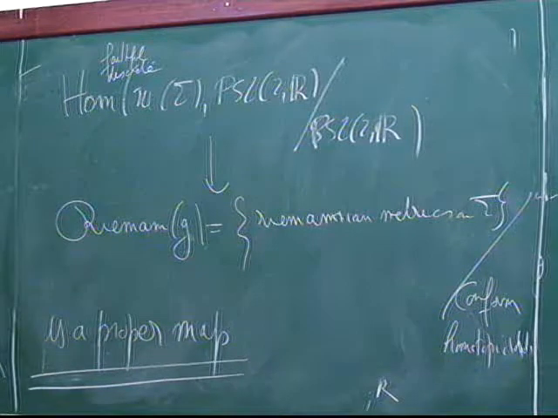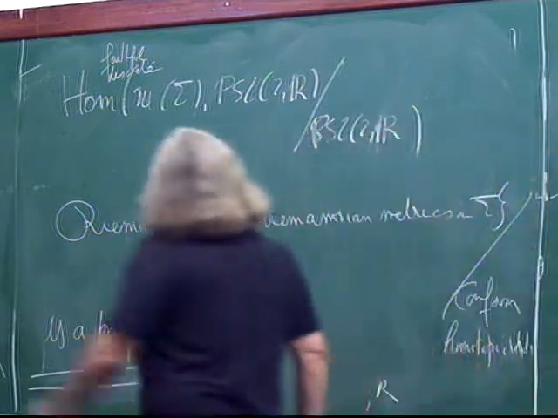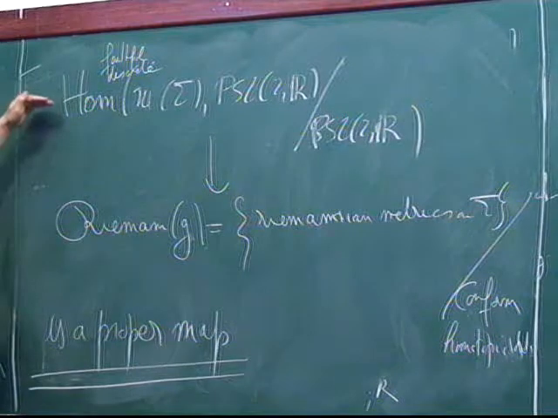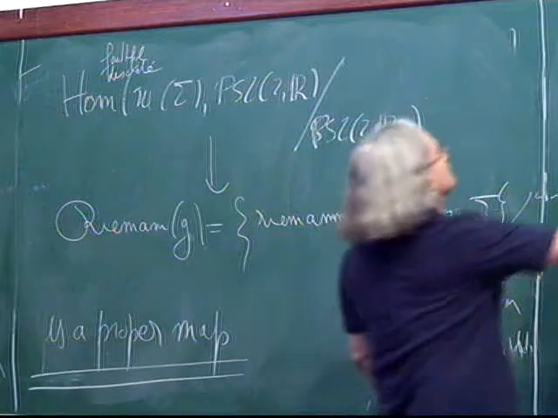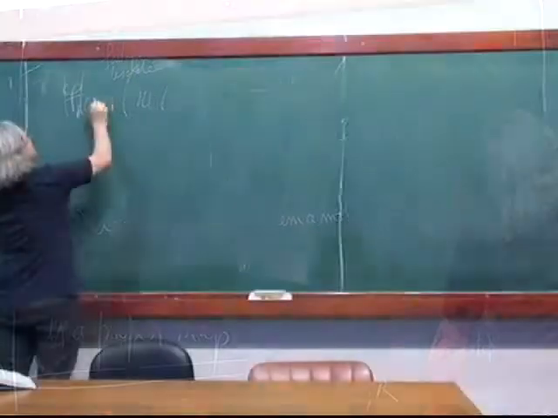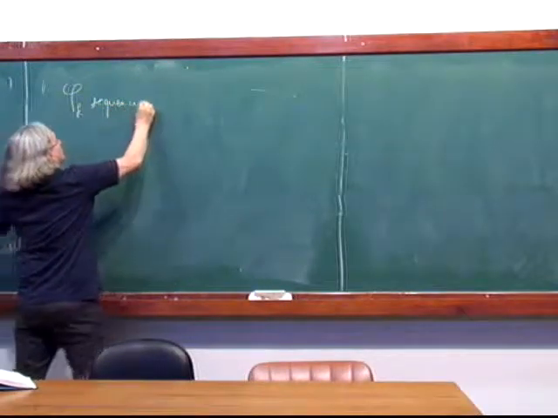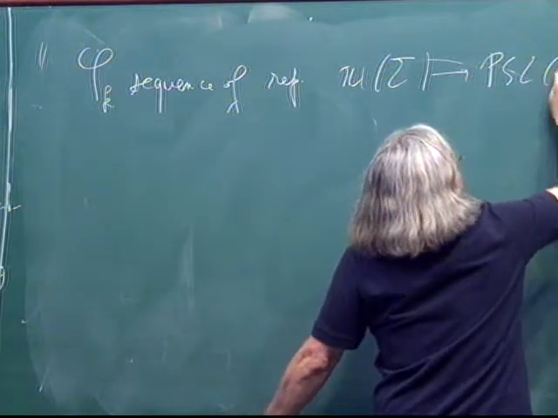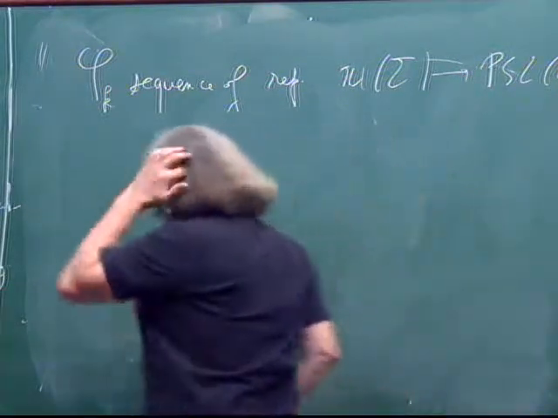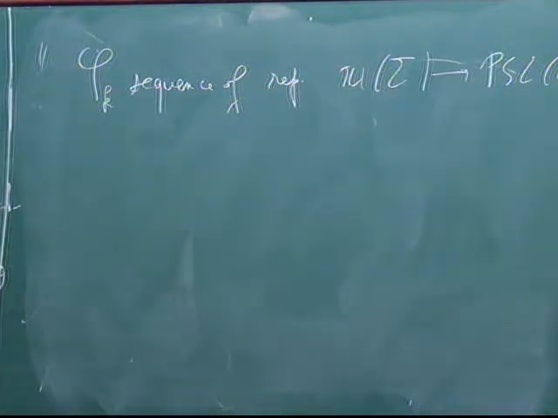So how to say it's proper? Well, you have to take a sequence of elements here. So it's a sequence of representations, phi k, from pi 1 of the surface to PSL2R. And you have to assume that corresponding to this sequence of representations, the sequence of Riemannian metrics that you get converges.